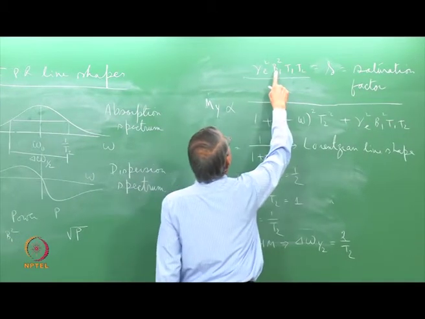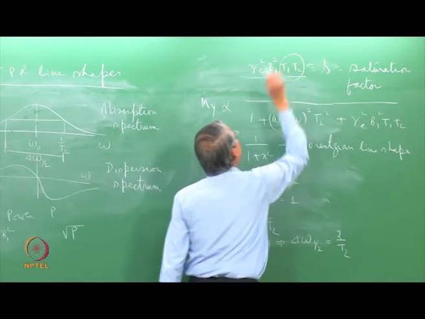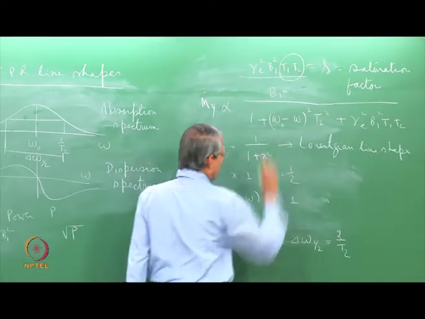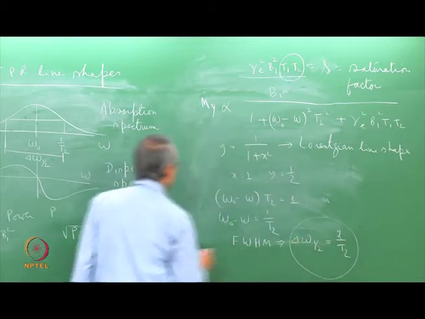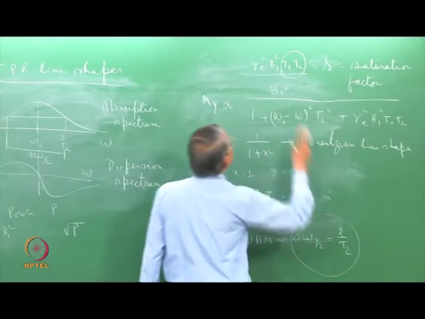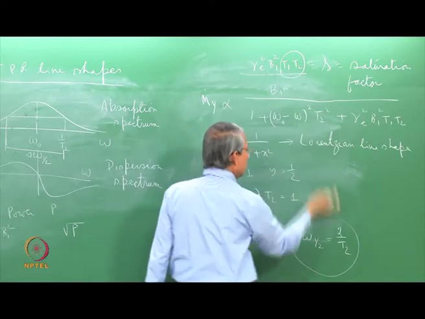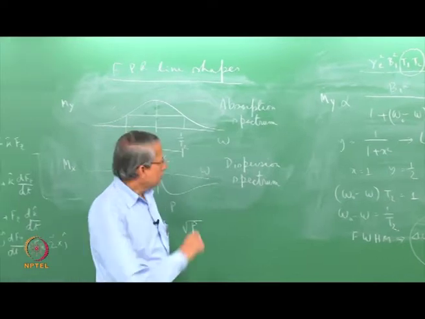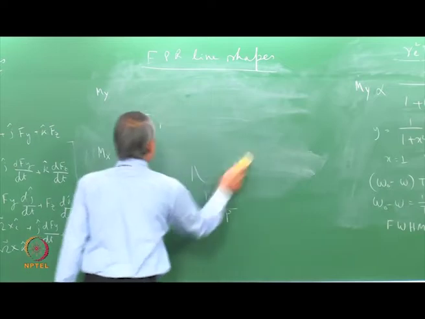This is proportional to B1 square. So, from that experiment I get an idea of this product, and then I can get T1: from the unsaturated condition, when the line shape was strictly Lorentzian and microwave power is small, I can get T2. When partial saturation is achieved, I can get T1 and T2. From this I can find out T1 also. This technique of measuring the spin lattice relaxation time is called the continuous wave saturation technique.